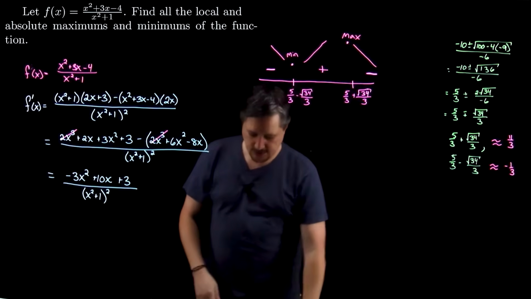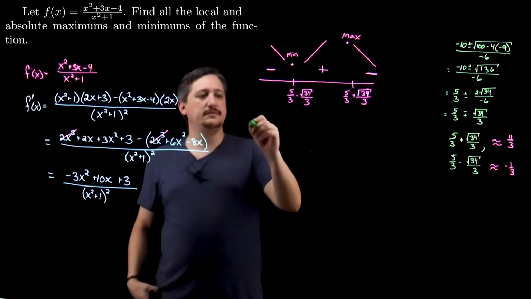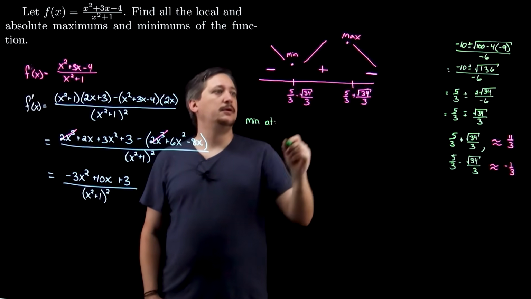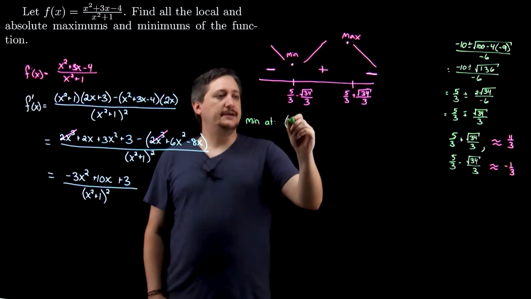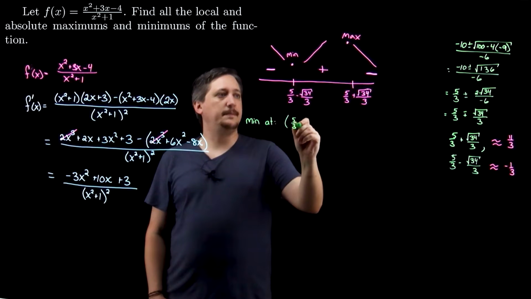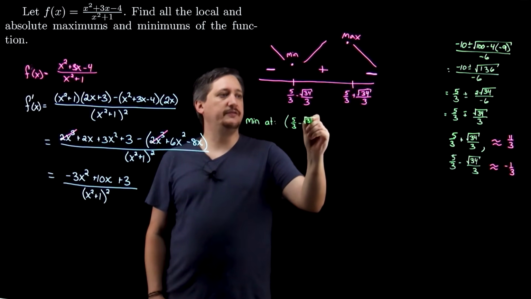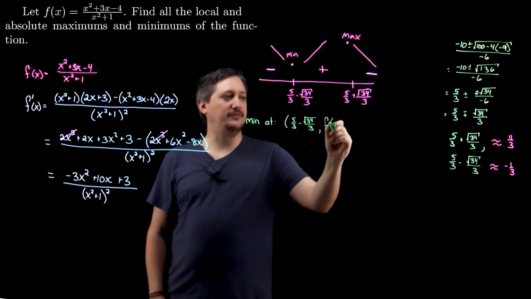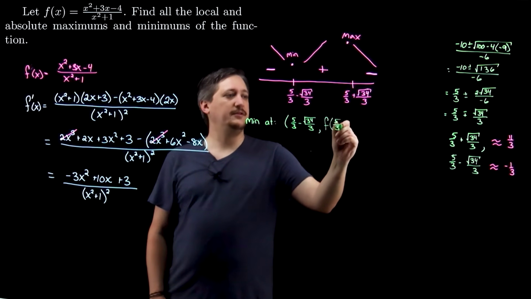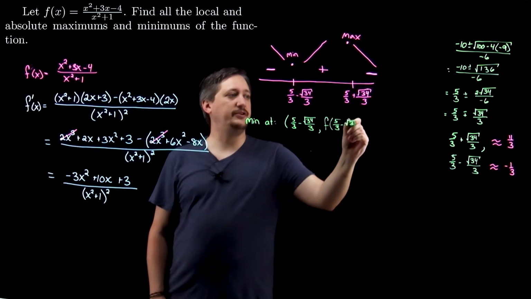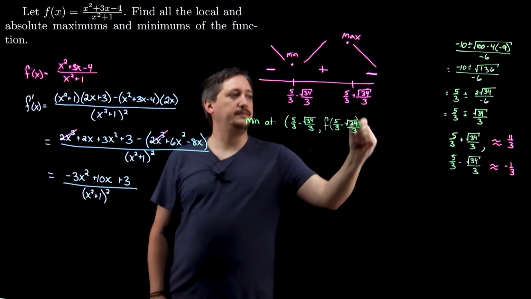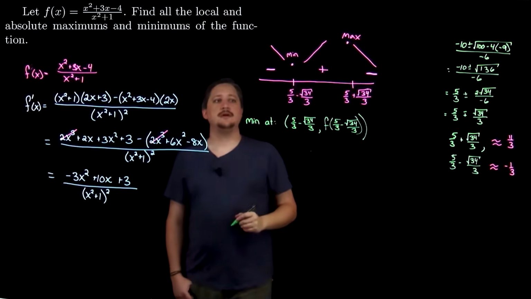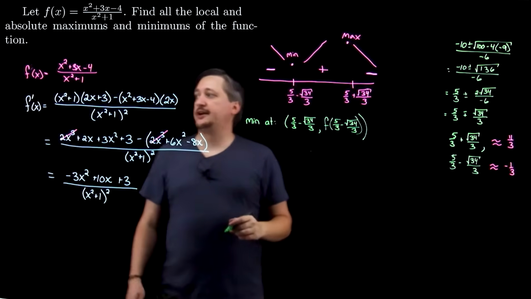Okay, so that tells me I'm going to have a min at, oh boy, 5/3 minus square root of 34/3, comma, f of 5/3 minus square root of 34/3. So that means I have to calculate that.